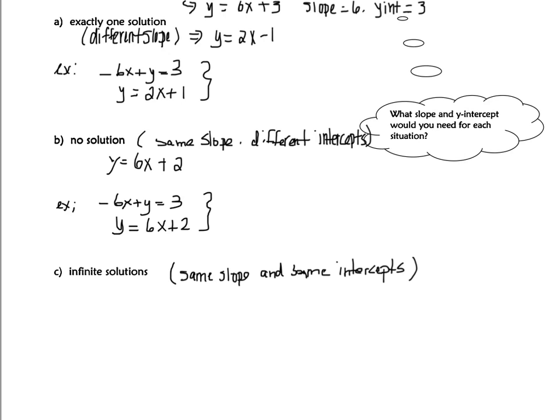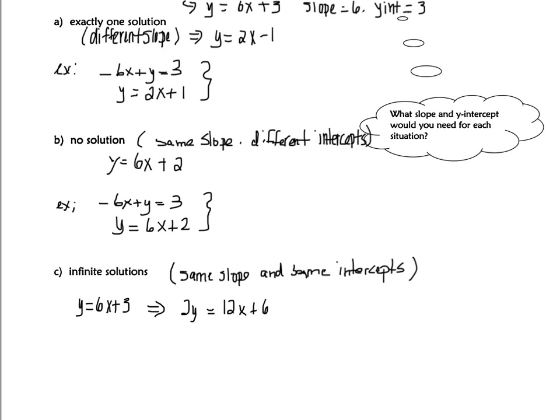So the easiest thing to do is to take the exact same equation, y equals 6x plus 3, that was given to us. But if you don't want to be as obvious with the exact same equation, you could just basically multiply both sides of the equation by the same constant. So for example 2, multiply the left side by 2, I get 2y. And if I multiply each term on the right side by 2, I get 12x plus 6.